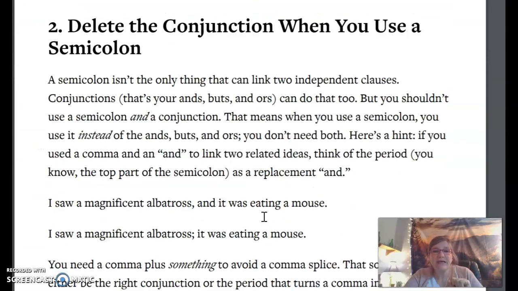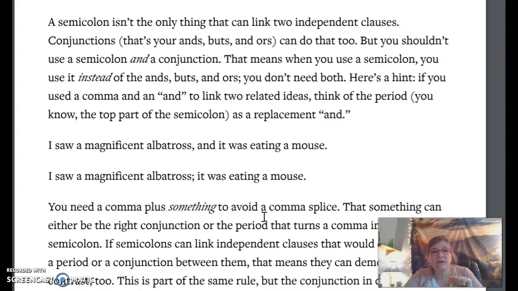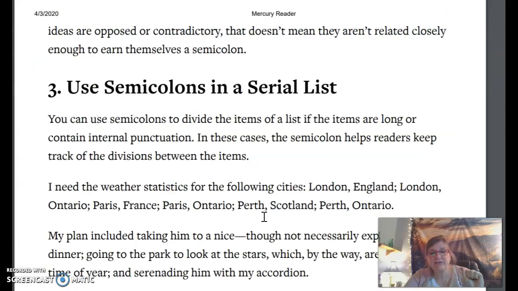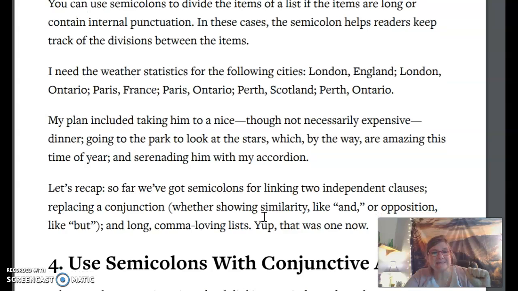The second way is a serial list. So we know if we have red, blue, green, and yellow, we want commas in between there. But when we're talking about something like a city and a state, like London, England, or London, Ontario, Paris, France, we already have commas in that list.